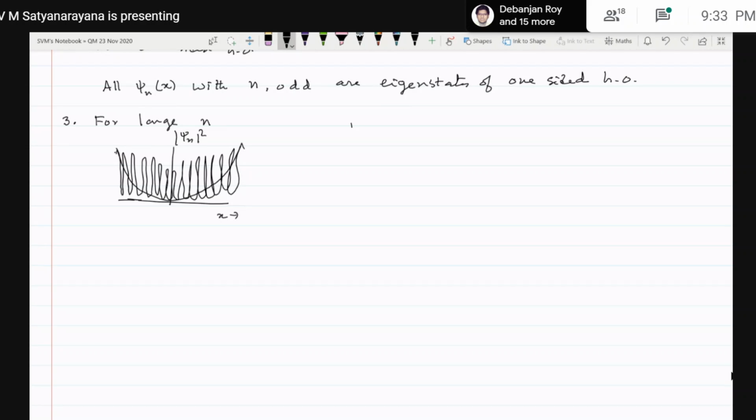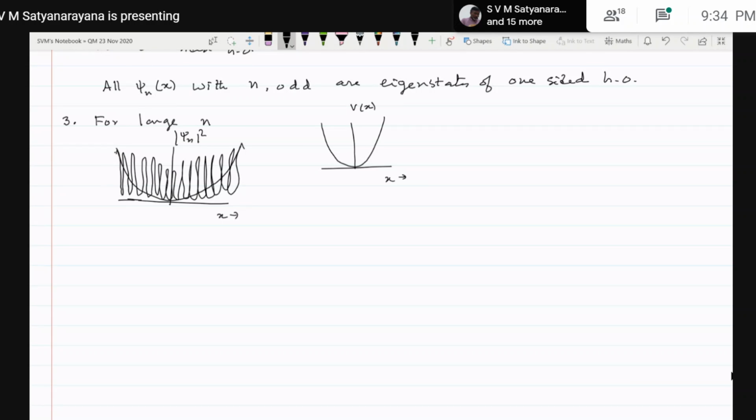Now if you look at your potential, your V of x, this is V of x versus x. Classically you can think of defining a probability as follows.